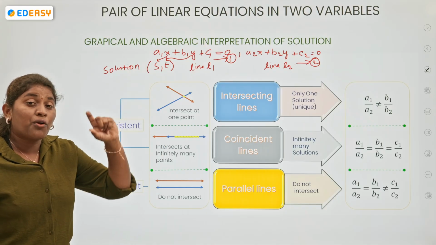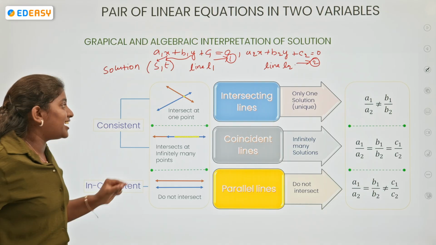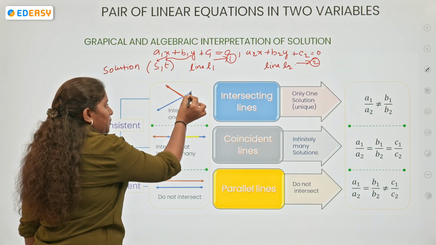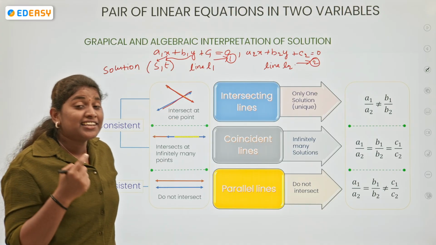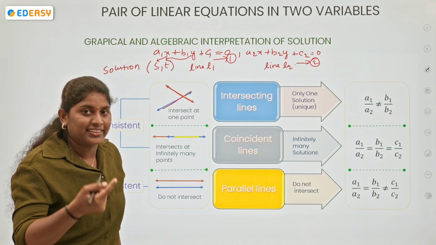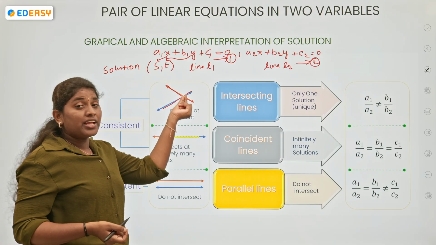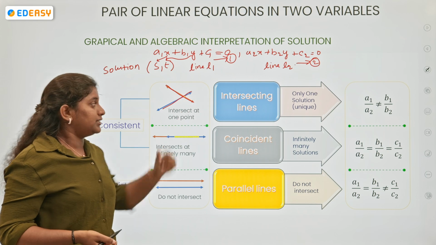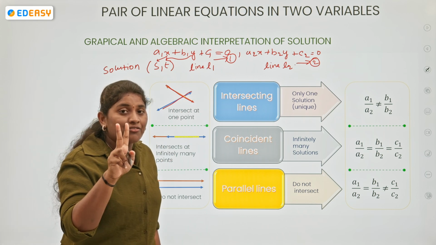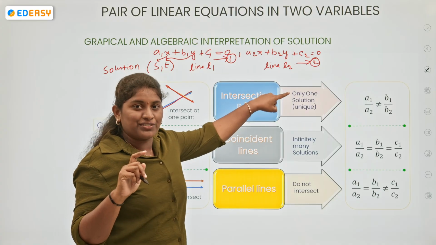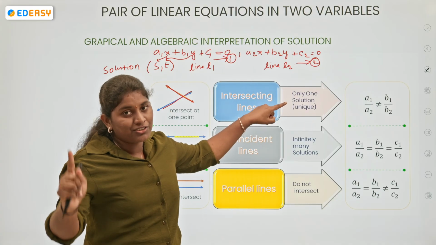After plotting those lines on the graph, if you find them as intersecting lines, they are going to meet at one point, right? So how many solutions do those two have? Only one solution, because they are intersecting at one point.